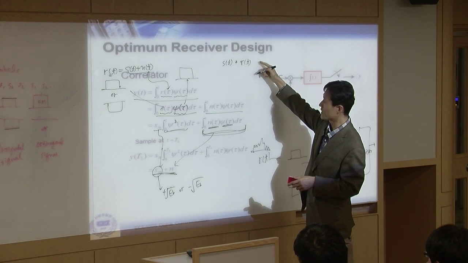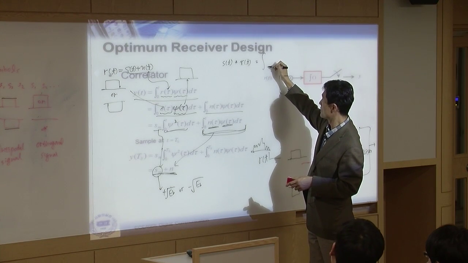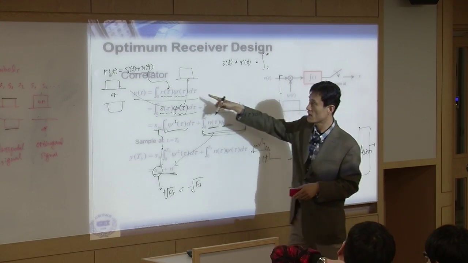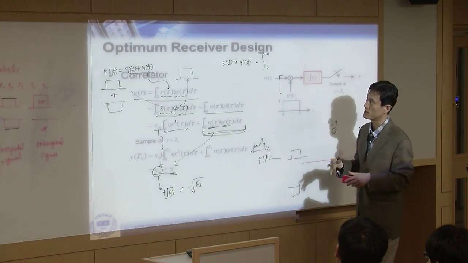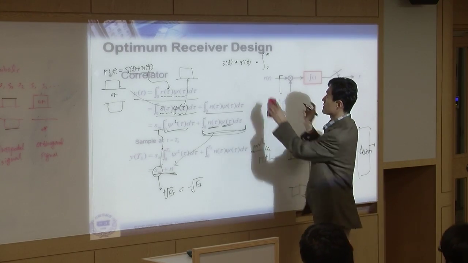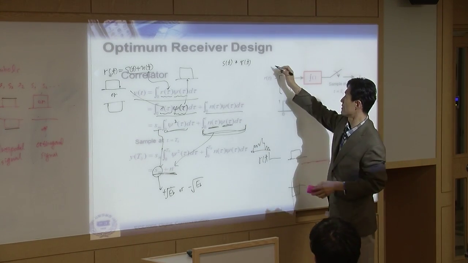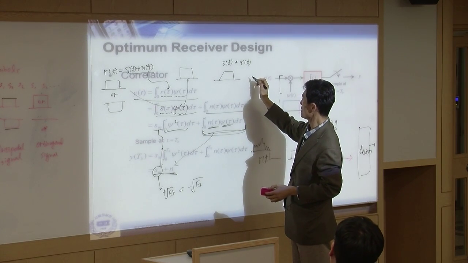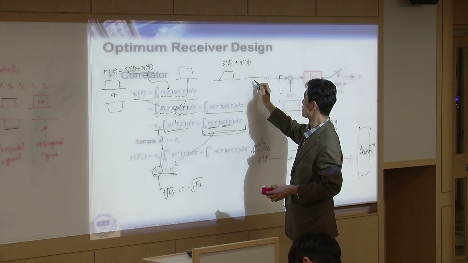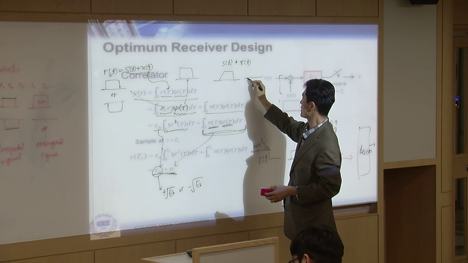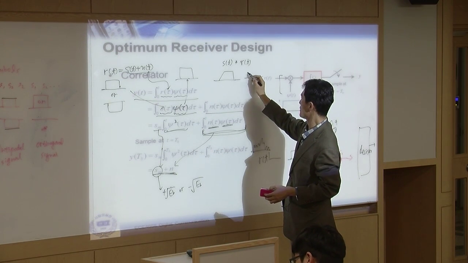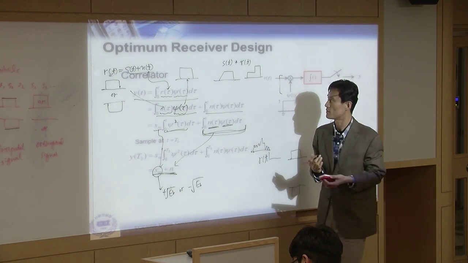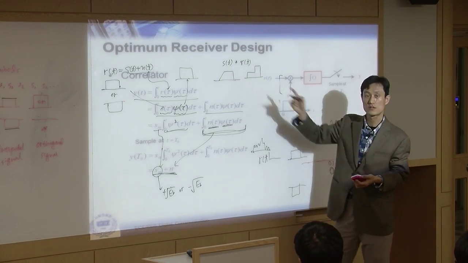The difference is when you look at the equation. Maybe it can be over T if this is a periodic signal. Let's make a picture here, it's easy to look at. s(t), let's say, looks like this, and r(t) looks like this, for example.